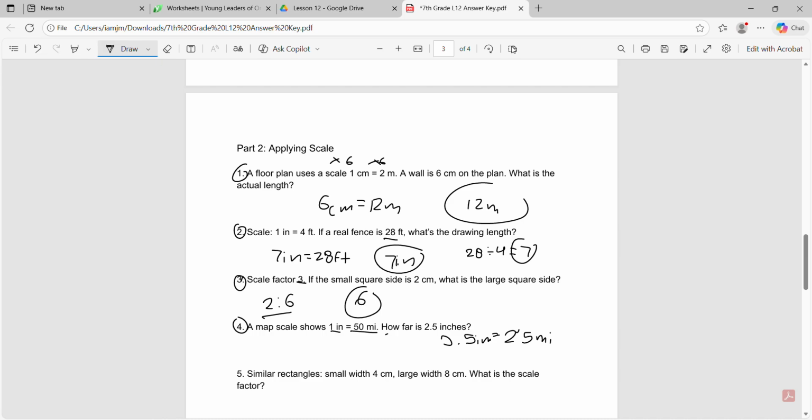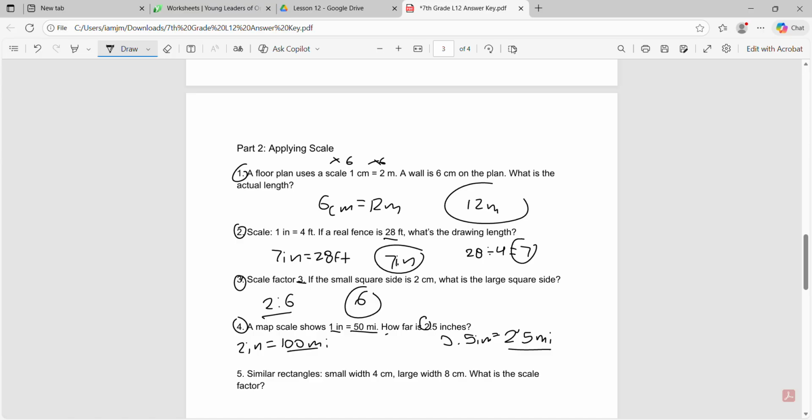And for 2, we just have to multiply the 1 inch by 2. So 2 inches is equal to, multiply both sides by 2, 100 miles.